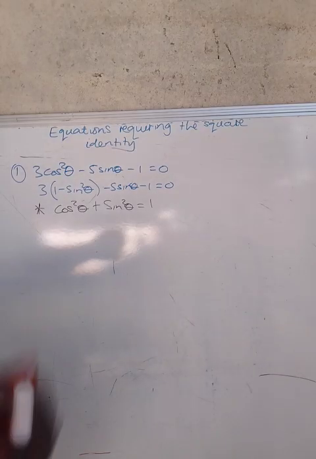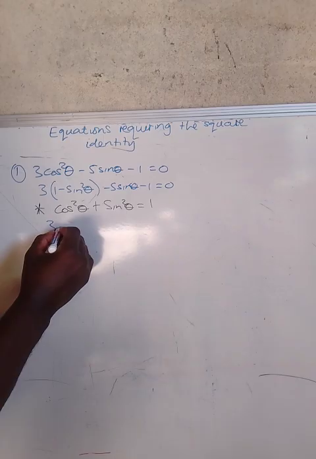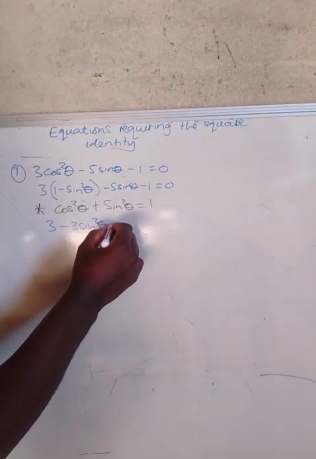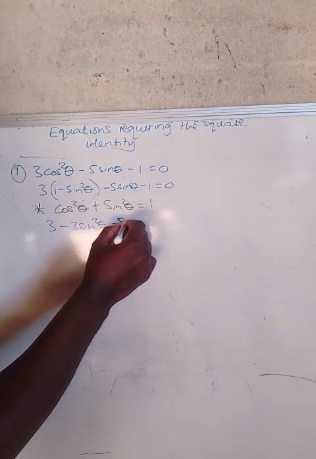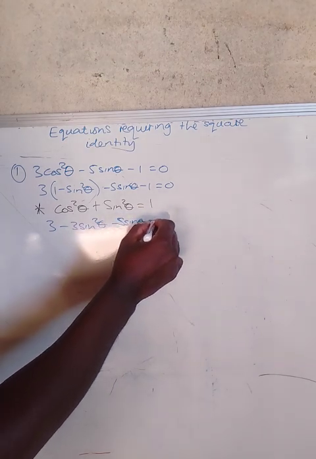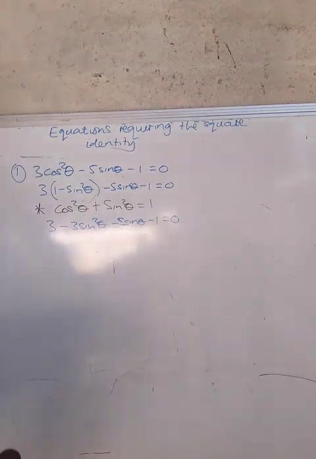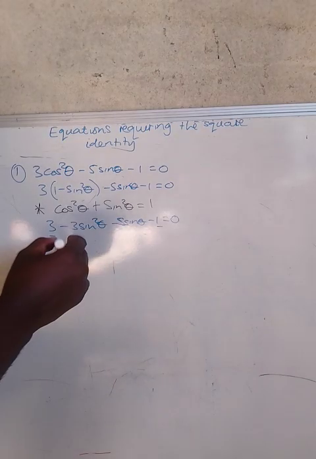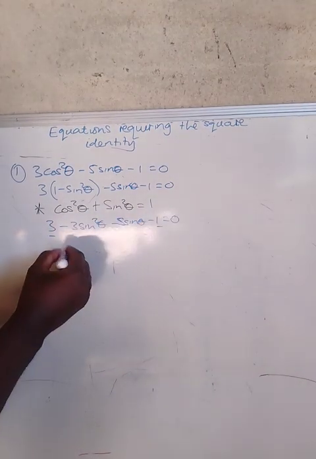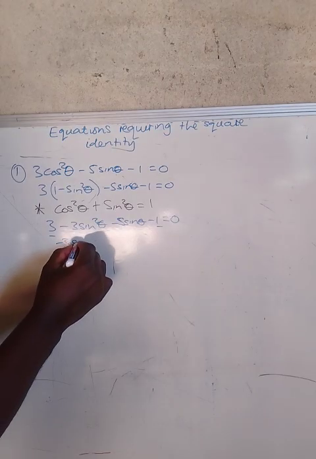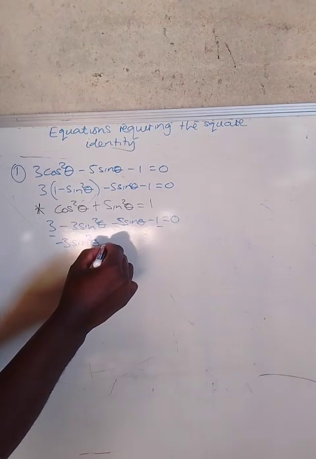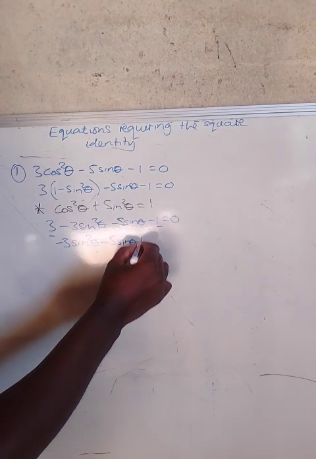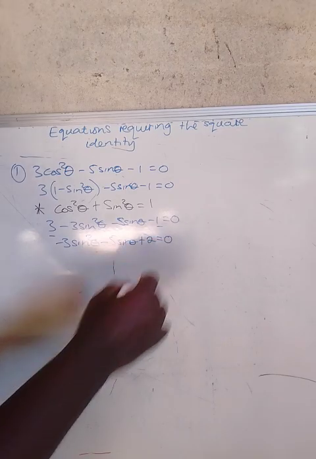So we continue there. This is 3 minus 3 sine squared theta minus 5 sine theta minus 1 is equal to 0. Like terms and like terms. These are like terms. So 3 minus 1, we get 2. So minus 3 sine squared theta minus 5 sine theta plus 2 is equal to 0.